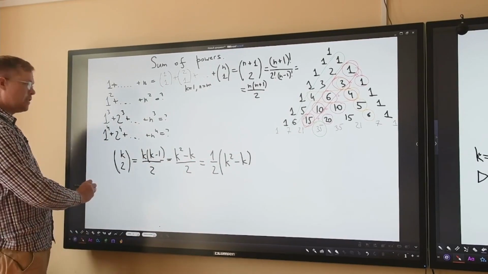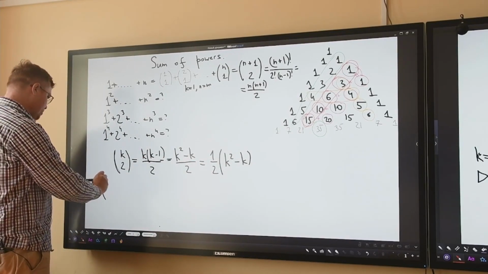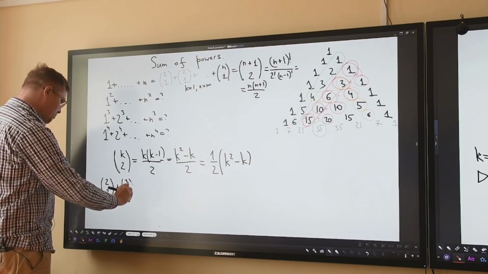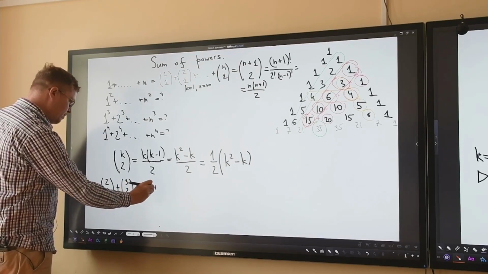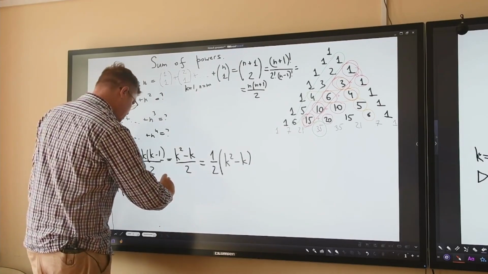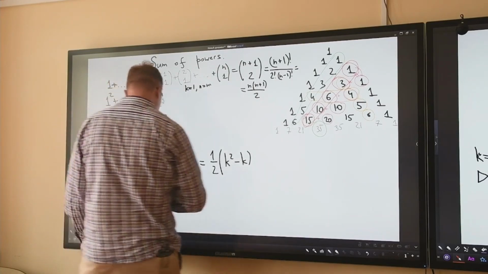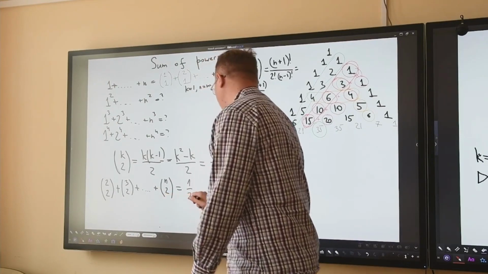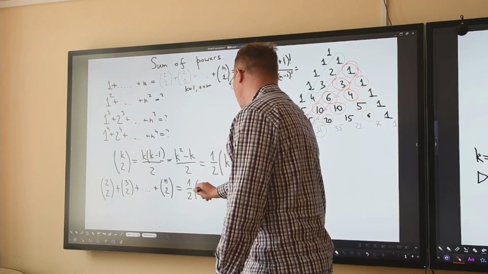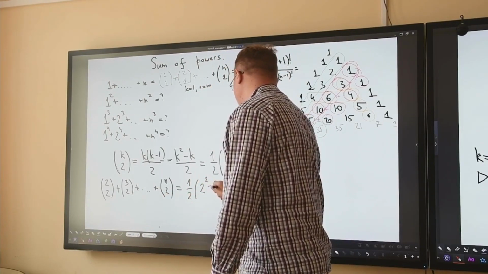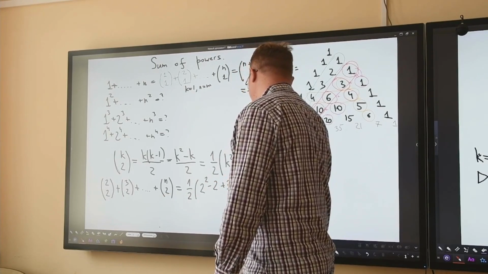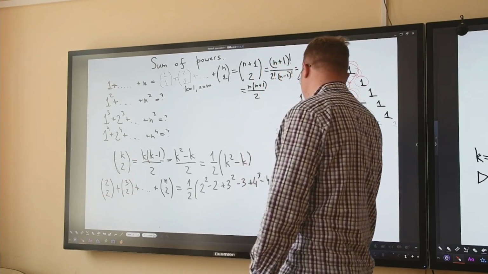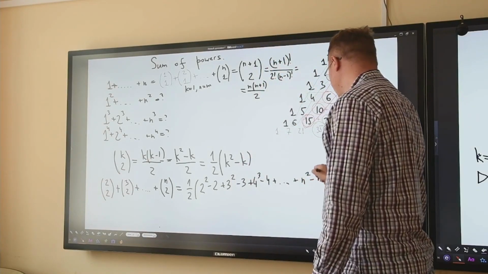So if I look at the sum of binomial coefficients, 2 choose 2 plus 3 choose 2 plus etc. plus n choose 2, then I can rewrite this as 1 divided by 2 times 2 squared minus 2 plus 3 squared minus 3 plus 4 squared minus 4, and so on, up to n squared minus n.